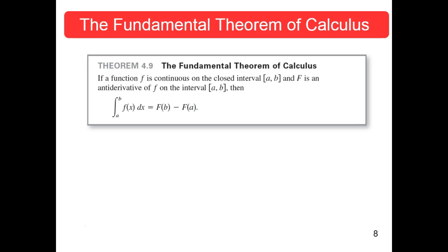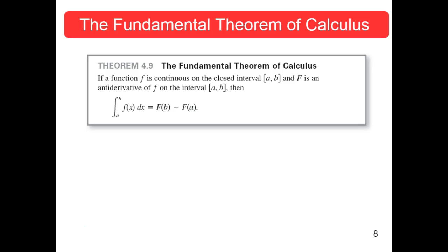Fundamental theorem of calculus. In many books, we call it part 1. If a function, f, is continuous on the closed interval a to b, and this is the little f, and capital F is an antiderivative of little f on that interval, then, and this is what I've been wanting them to get to all this time, remember you can't say that this thing would be capital F of x, you'd always have a plus c with it.